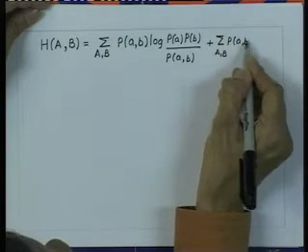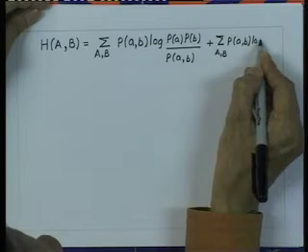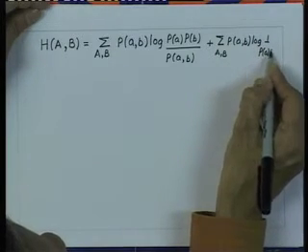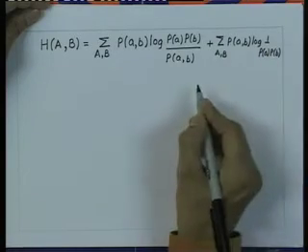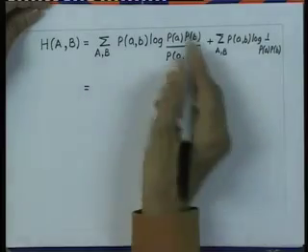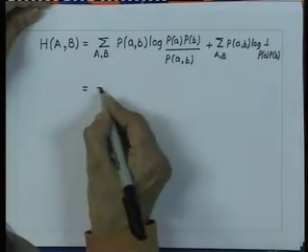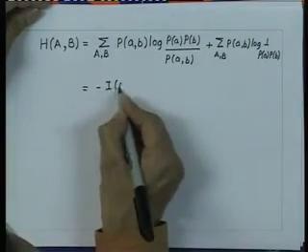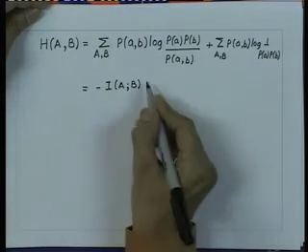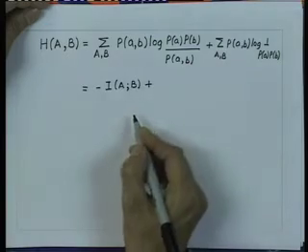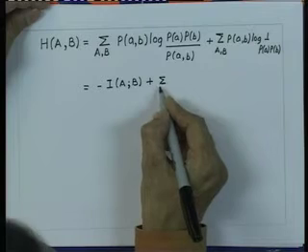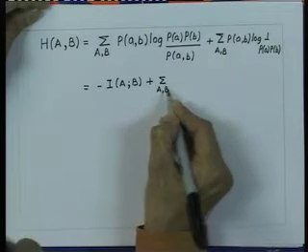Probability A B log of 1 by probability A probability B. So, this by definition is equal to negative of mutual information of A and B, and this can be split into two terms as follows.